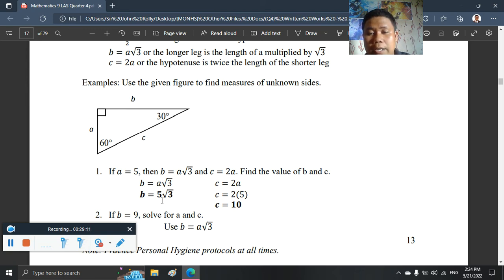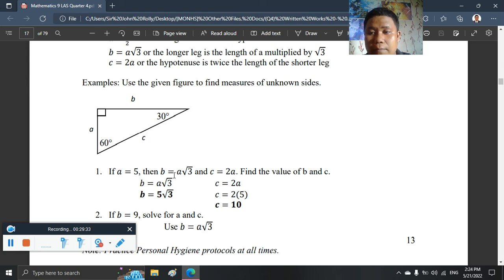So, for number 1, if A equals 5, then B equals A the square root of 3, and C equals 2A. Find the value of B and C. So, if A is 5, B is A the square root of 3, and C equals 2A.